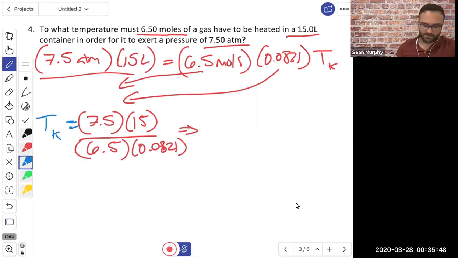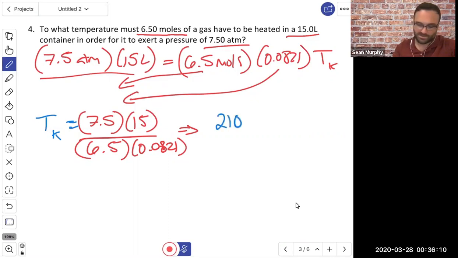All right, so let's do this one. Get your calculator out. 7.5 times 15 divided by 6.5 divided by 0.0821. And our temperature is 210.8 Kelvin.